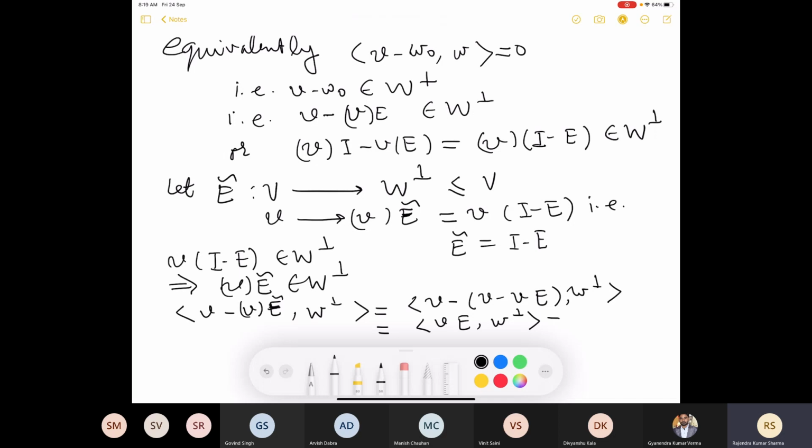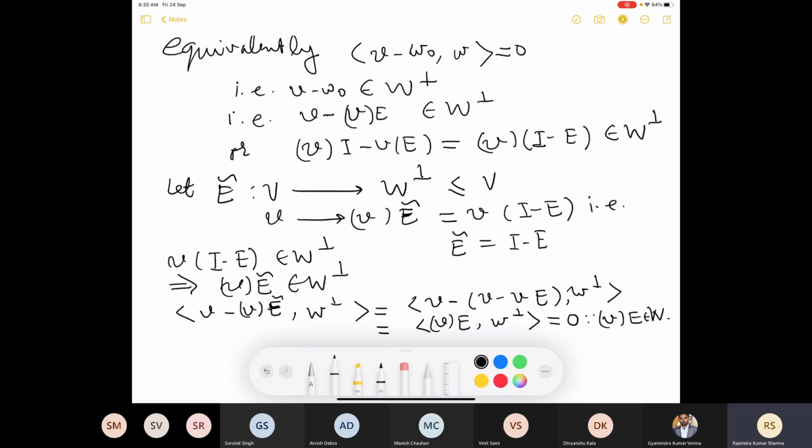Now this is 0, since V under E is in W. The map is sending V to a vector in W. So this becomes 0.